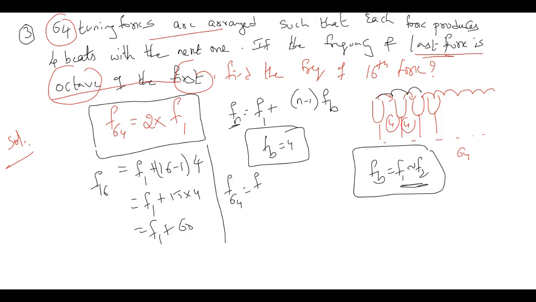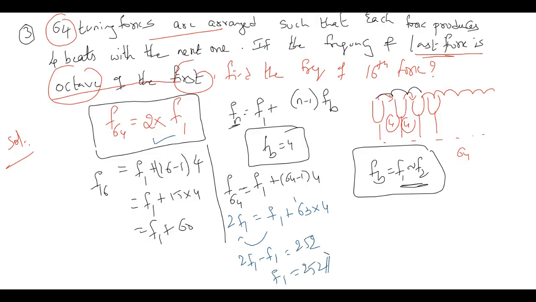F64 is equal to F1 plus 64 minus 1 into 4. In place of F64, I can write 2 times F1. So 2F1 is equal to F1 plus 63 into 4. I will send F1 this side. 2F1 minus F1 is equal to 4 3s are 12, 24 plus 1, 25, 252. So F1 is equal to 252.